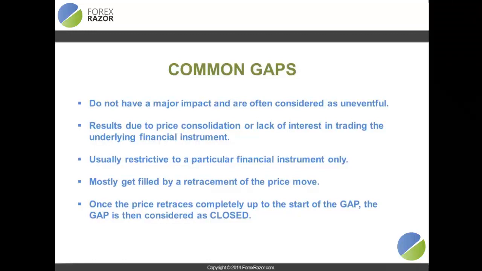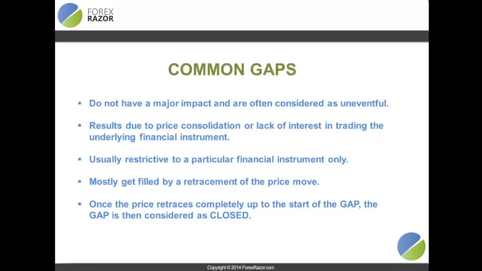So we begin with the first and the most common market gap, which also goes by the same name, the common gaps. These gaps are often considered as an uneventful one and are mostly restricted to a particular financial instrument only. These gaps are usually formed as a result of price consolidation or the lack of interest in trading the underlying financial instrument.